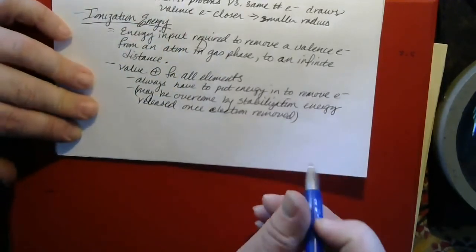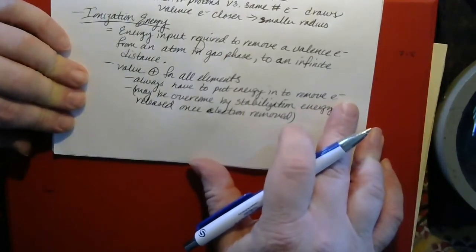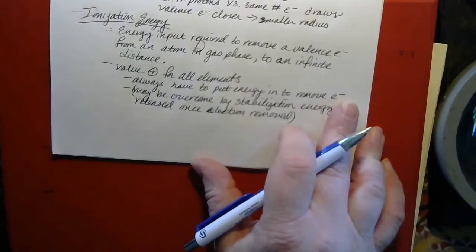So the overall process can be, for metals anyway, especially for the group 1 metals, basically spontaneous. Essentially, that's what's happening when we say that the group 1 or alkali metals are extremely reactive.